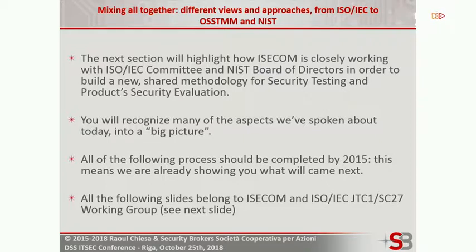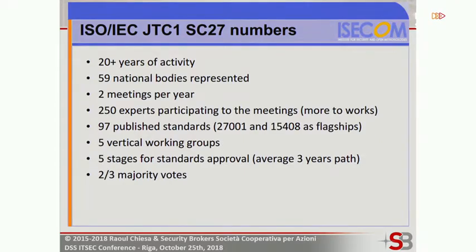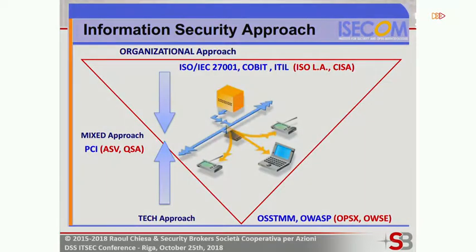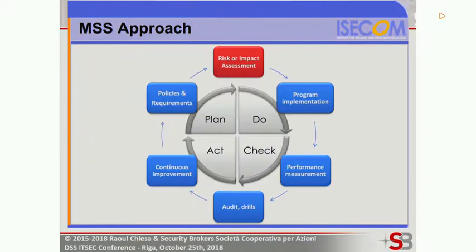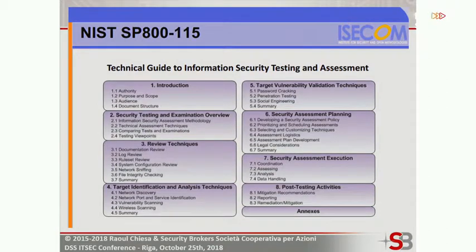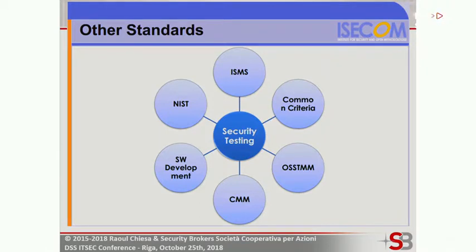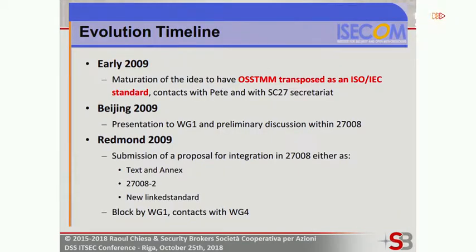This was from a long time ago. So here we go, I go straight to the meat, code of practice, MSS. They decided to pick up these areas from the NIST in the United States, and they decided to pick up these others that I will show you soon from OSSTMM.